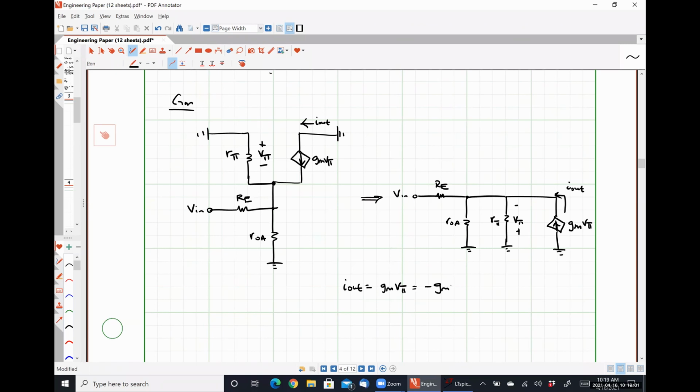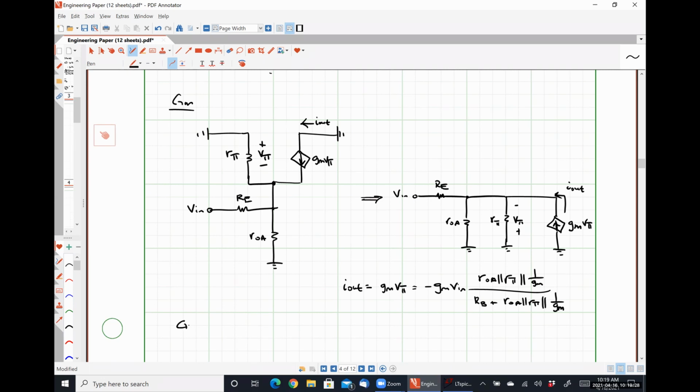So that is going to be negative GM V in, R naught A in parallel with R pi in parallel with 1 over GM, divided by RB plus R naught A in parallel with R pi in parallel with 1 over GM.